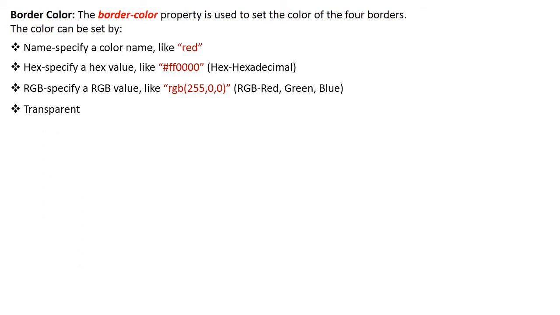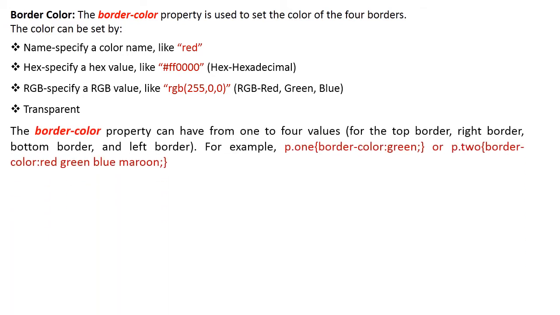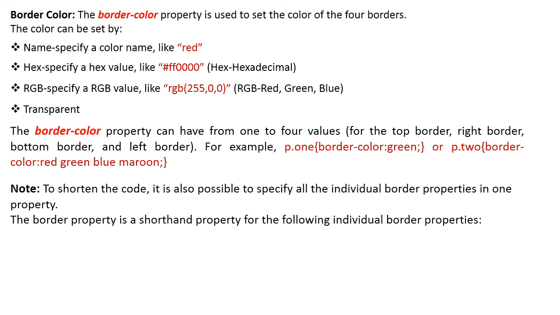And we have a transparent color too. The border-color property can have from 1 to 4 values for the top border, right border, bottom border, and left border. For example, on paragraph 1, border color is green. On paragraph 2, border color is red, green, blue, and maroon.